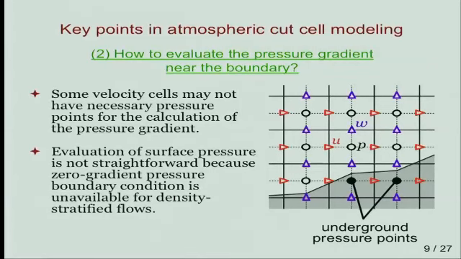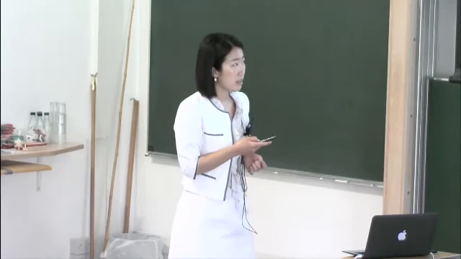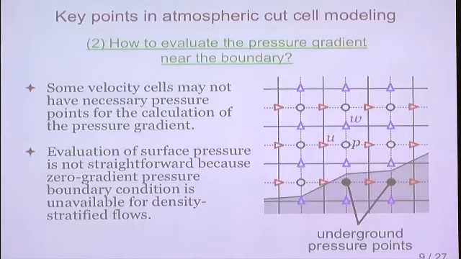Consider the case shown here with the standard staggered grid arrangement, U, W, and pressure. In this case, these two pressure points are underground. And this causes a difficulty in calculation of vertical pressure gradient at this W cell, for example, because one of the pressure points associated with it is underground.